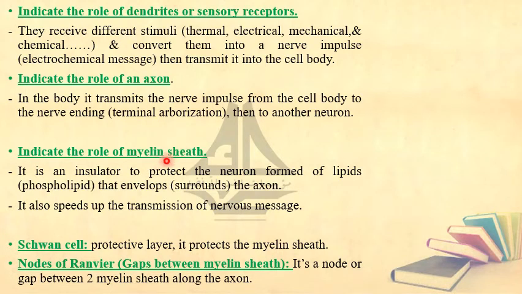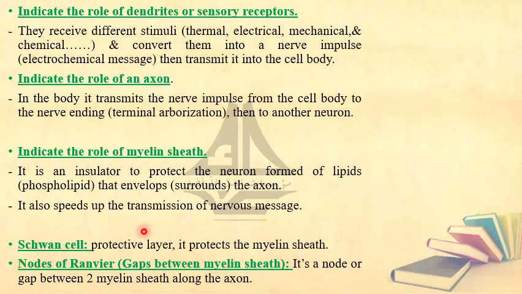What is the role of the myelin sheath? As I mentioned before, it is very important. The myelin sheath is an insulator to protect the neuron, formed of lipids, a phospholipid layer that envelops the axon, and its main role is to speed up the transmission or propagation of the nerve message.